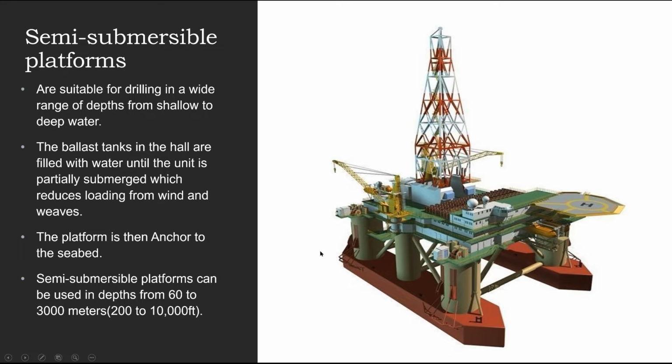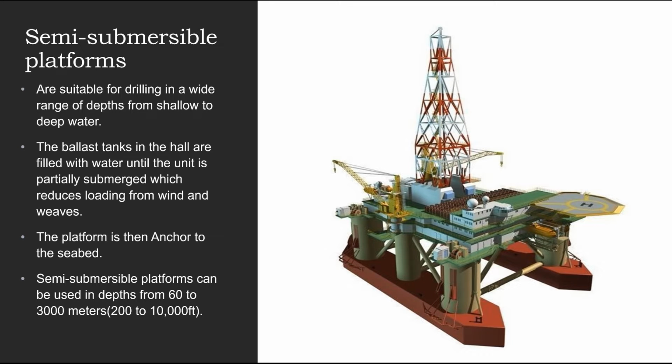The anchors reach the bottom of the sea, the seabed, and keep the platform at a particular location. While the anchors keep the platform in one place, the red pontoons are filled with water to keep them below the sea level. It will increase the stability during wave motion. As the majority of the weight is below the sea level because of the water filled pontoons, the stability is increased.